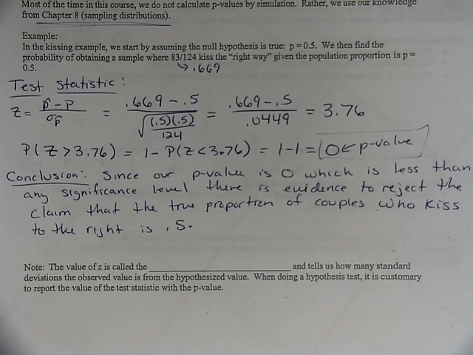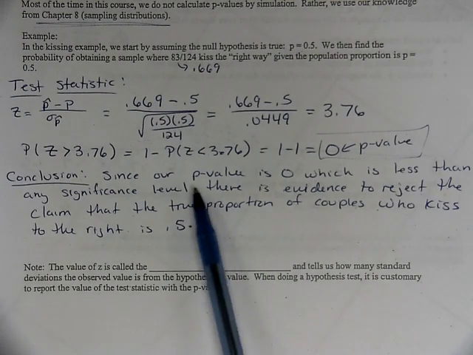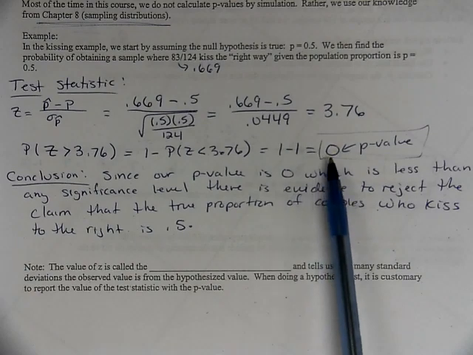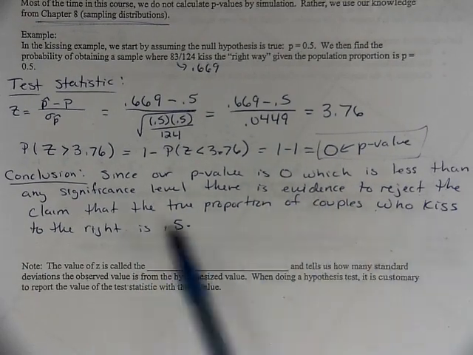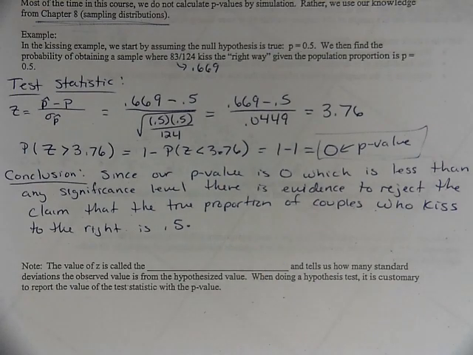So your first sentence in your conclusion is always going to be: take your number, compare it to your alpha or your significance level, and then tell me do you reject or fail to reject, in context. You don't want to just say I reject the null hypothesis. You want to always give context.